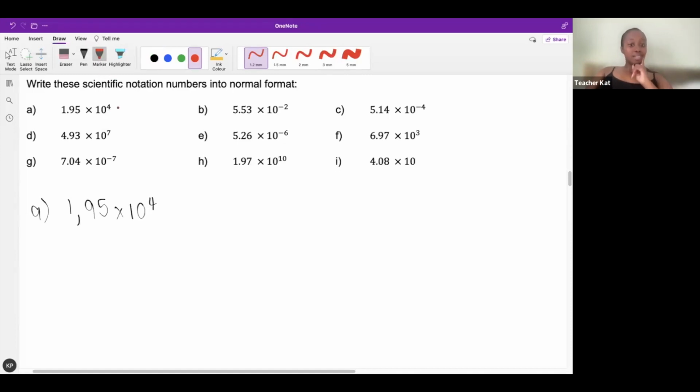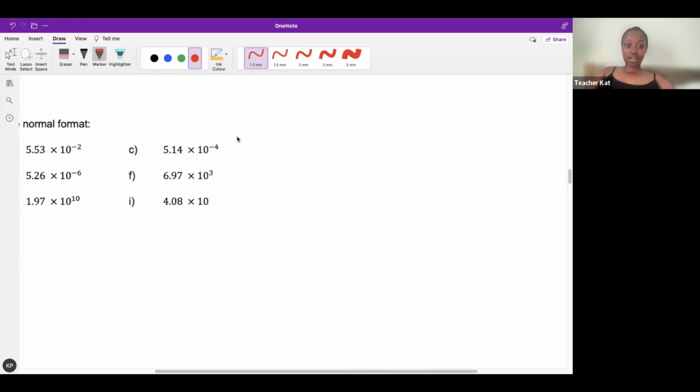Now we've been given the scientific notation. Maybe I should go on the side and have a little bit of an explanation here. Initially, if I had 1, 2, 4, 7, 0, 0, 0, and I said put this in scientific notation, where were we going to move the comma?